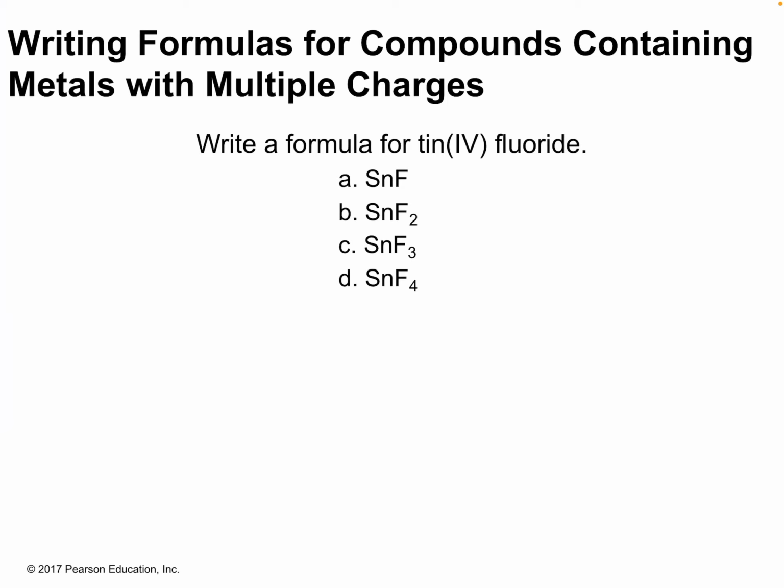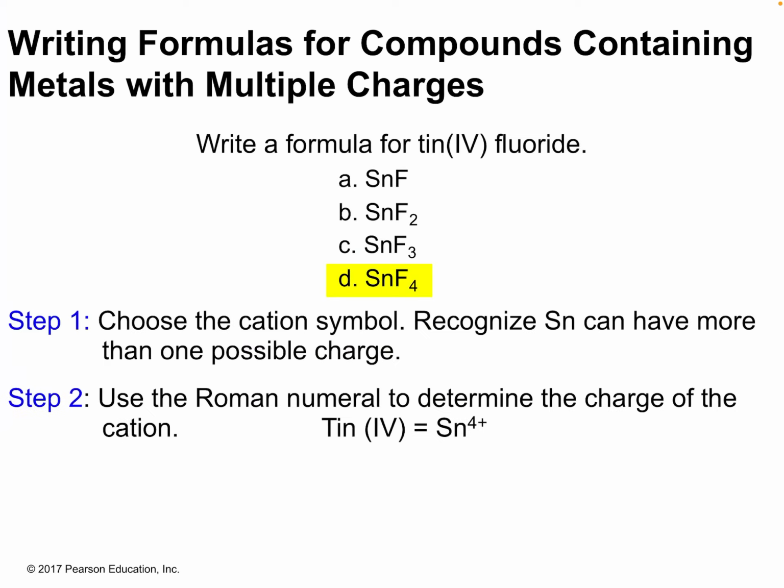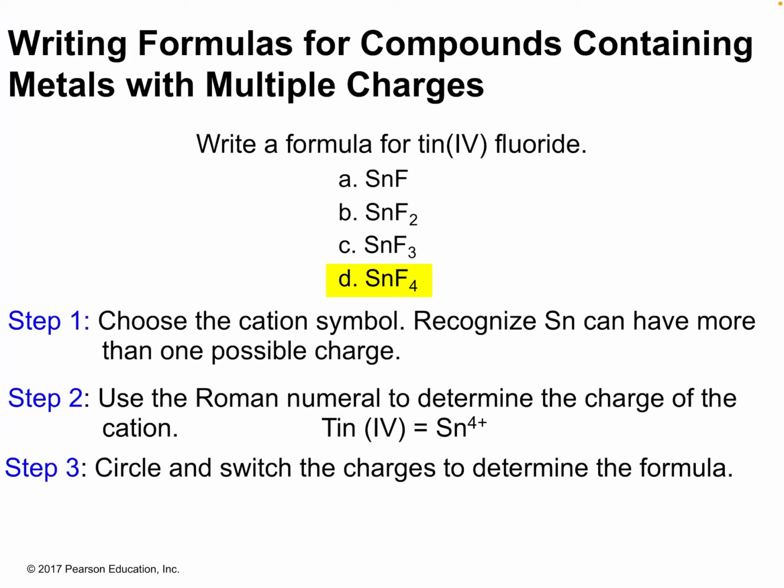Let's try another one. If you're not familiar with Roman numerals, this is the Roman numeral 4. IV is 4. So this is tin 4 fluoride, and it wants you to write the formula. So again, we recognize, oh, hey, there's a transition metal, right? And that Roman numeral is telling us what the charge of tin is. So it's telling us that tin is 4 plus because it's tin 4 fluoride.